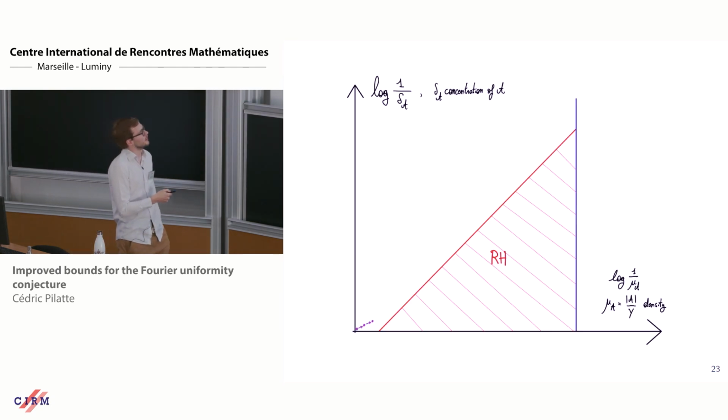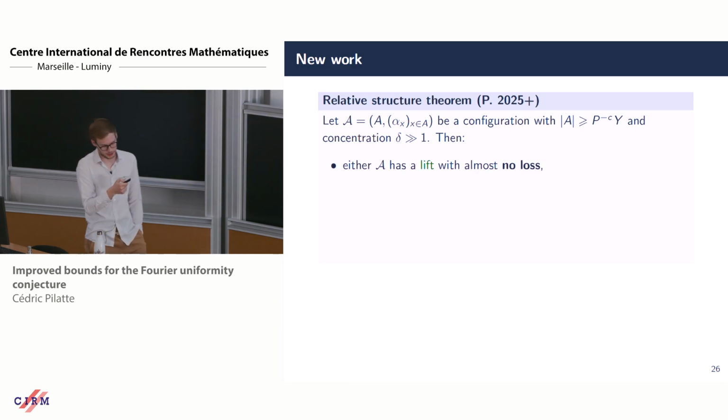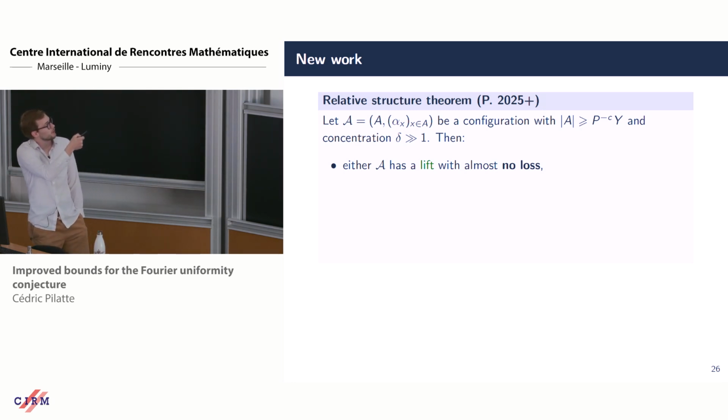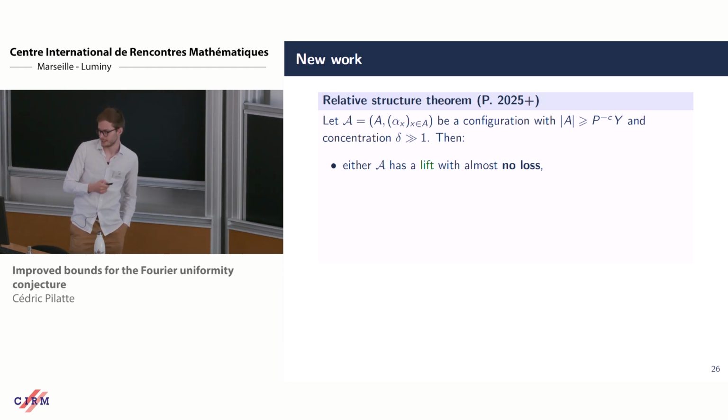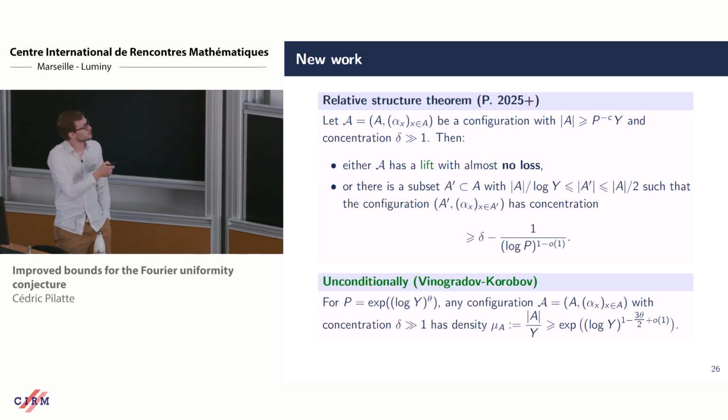Okay, so let me tell you about this structure theorem. So if you have a configuration with very large concentration, and again, one thing that can happen is that you have a lift with almost no loss. So this is the good case. But we improve on the second case.